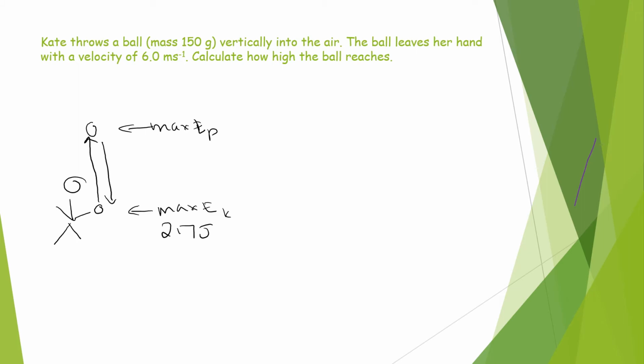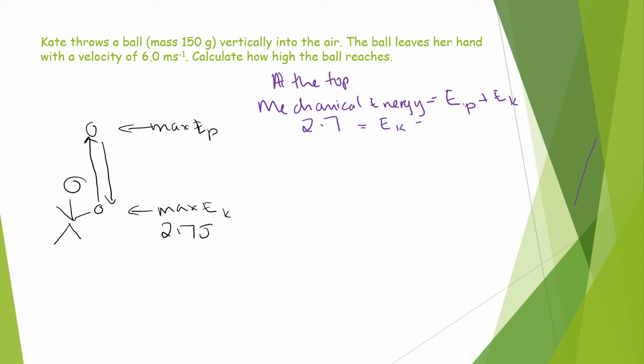We now need to find the maximum potential energy at the top. At the top, we know that mechanical energy is equal to kinetic energy plus potential energy. We know that mechanical energy is 2.7 joules, which we calculated previously. We don't know the potential energy, but we know at the top, the ball stops for a moment in time, so it has 0 kinetic energy.